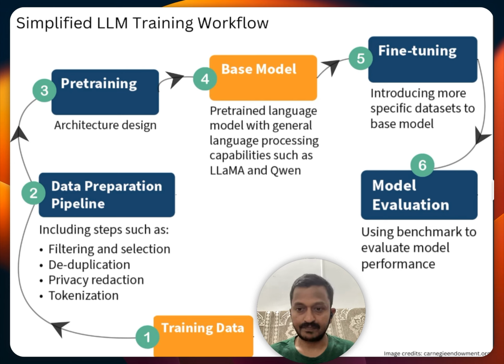Where the system undergoes several critical processing steps, including filtering and selection, and if there is any harmful content, that will be reduced and removed basically, and if there is any duplication of the content, that will be removed, and the tokenization will be done, because this is where the whole training data gets converted into machine readable format, right?